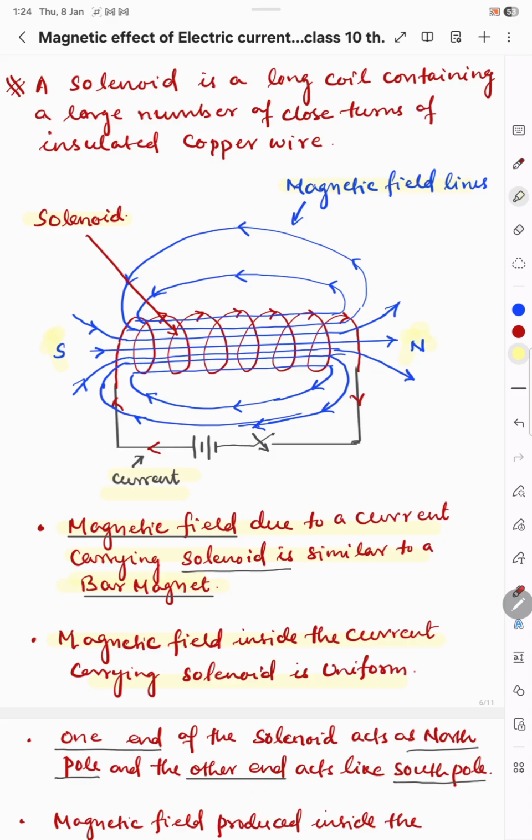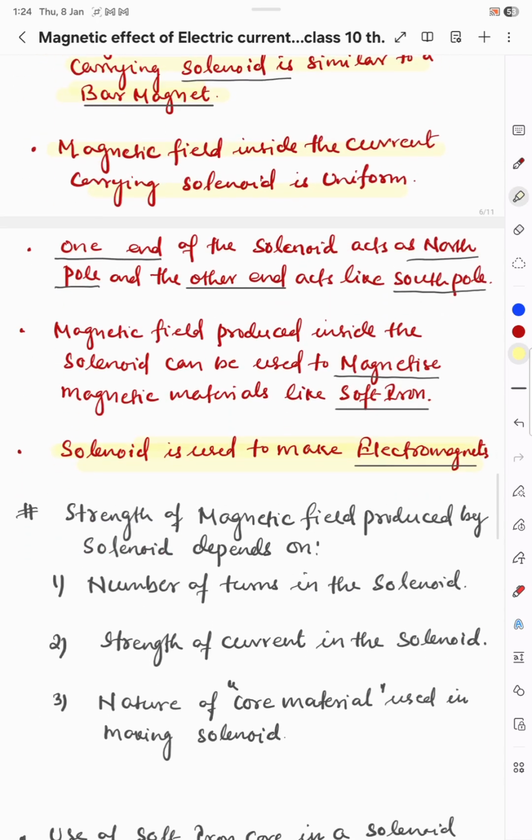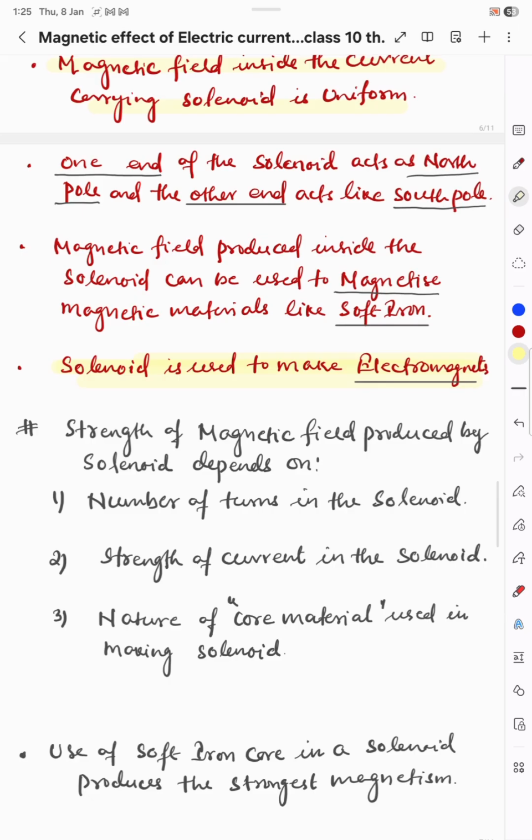So if you put a soft iron bar inside this solenoid, due to this magnetic field which is generating around the solenoid, this will magnetize the iron bar which is put inside this coil. So basically the electromagnets are generated using this solenoid.